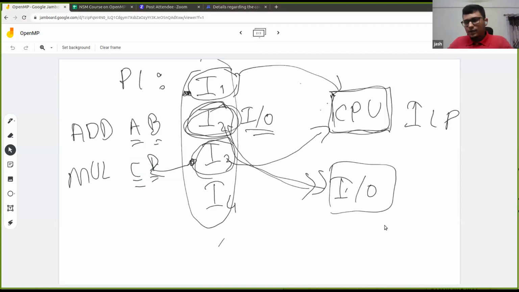So they can be executed in any order and independently. That is instruction level parallelism, and the CPU can execute I1 and I3 in any order. I hope I was clear.